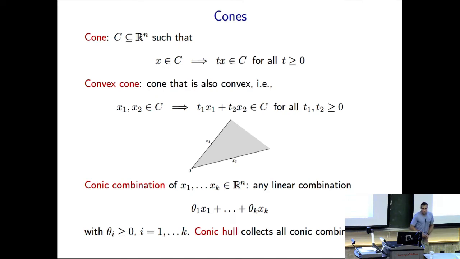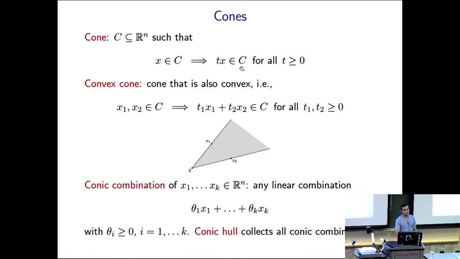A cone is basically a set that satisfies a very simple property, which is that if I take any point in the set and I look at the ray passing through that point, the set of all tx such that t is non-negative, then that ray has to lie in the set. So a cone has to contain 0, because I can take t equals 0 here.